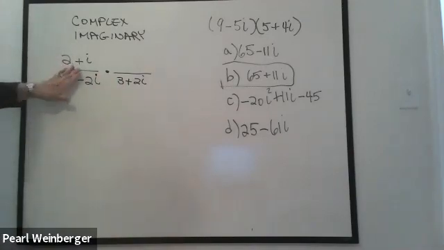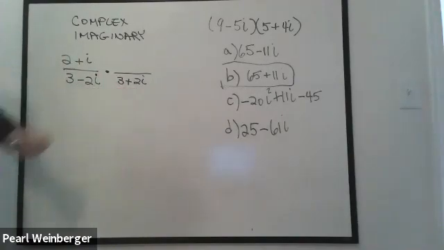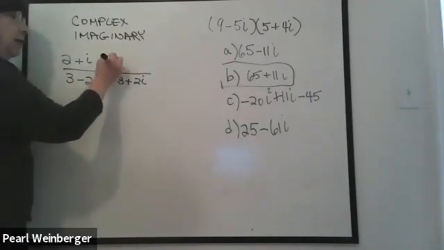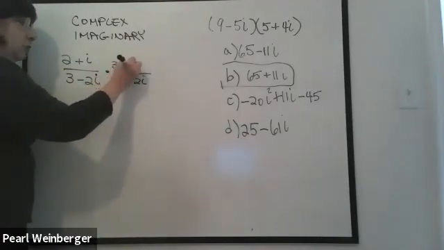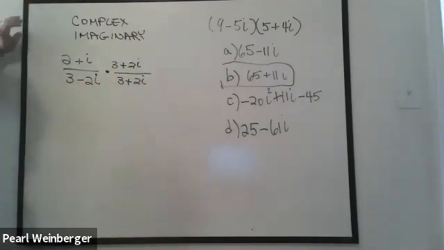Notice if this would have been just a single term, let's say 2i, I'd only have to multiply by the i. But when I have a binomial with an i in my denominator, I have to multiply it by its conjugate. Of course, whatever I multiply the denominator by, I multiply the numerator by that as well. Now, you remember I always like to do the denominators first.